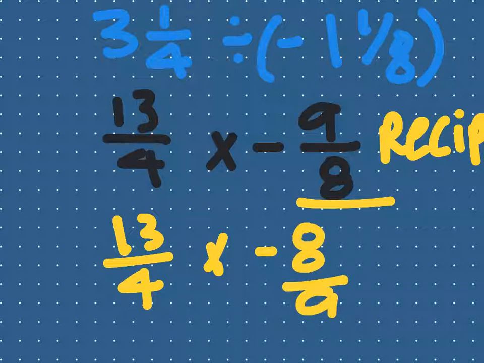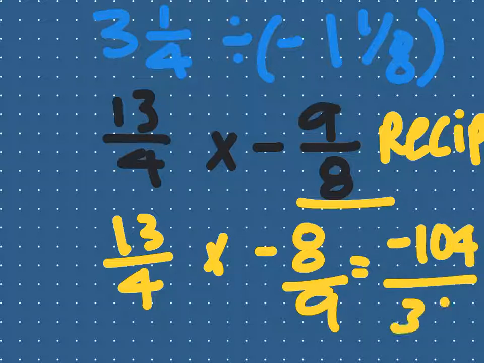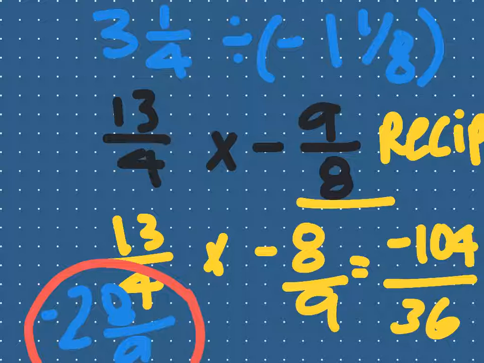Multiplying across gives negative 104 over 36. And 36 goes into 104 two times with 8 left over, so negative 2 and 8 over 36. Sorry for going kind of slow, I'm using a calculator because I don't know these in my head. Did you get the right answer? Awesome.